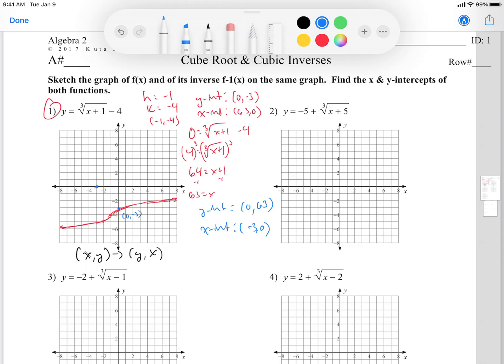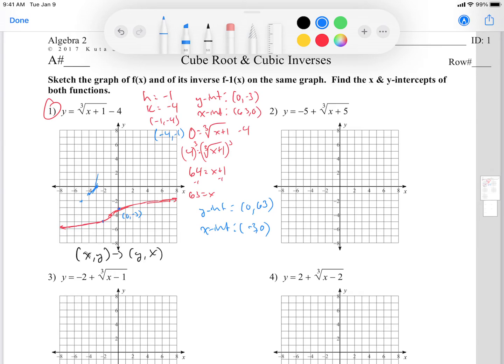And we're also going to take this other point here, which is hk, right? And it should now be -4, -1. Okay? For the inverse. And then we also have this point right here, which is -2, -5, and it should be -5, -2. And we kind of start to see where this is going. Okay?